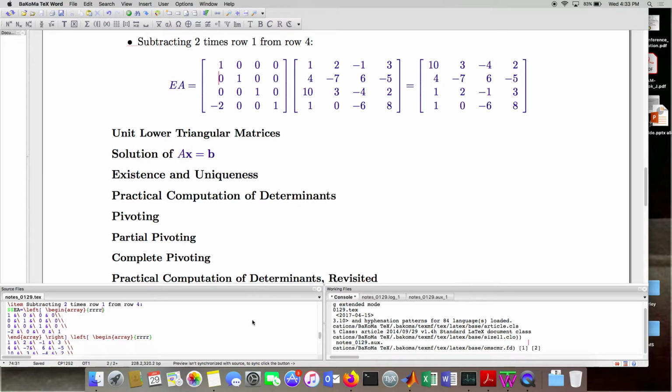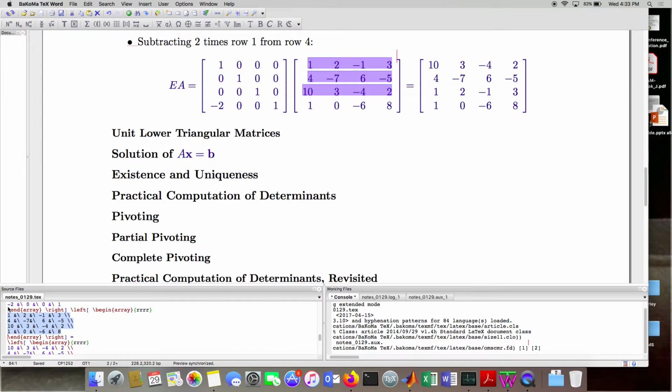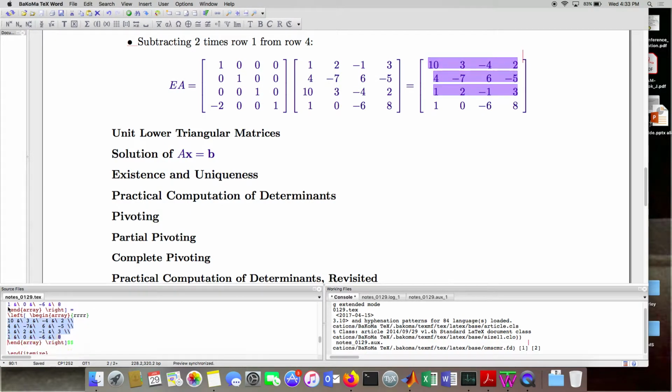And notice the first 3 rows of this matrix are the rows of identity. So the first 3 rows of this matrix will not be affected. So what I'll do is take twice this row and subtract it from this row.